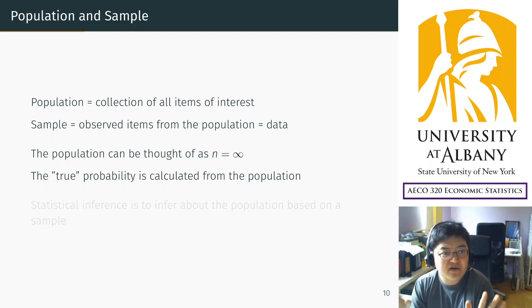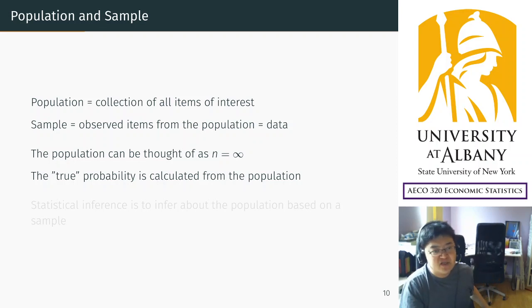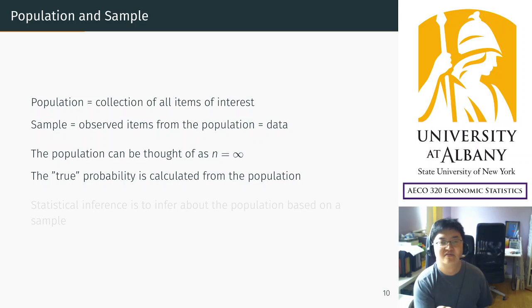That's the starting point of statistics. If the population is known, or if you can do the experiment an infinite number of times, you don't need statistics. Then it is just about computation, how to compute the probability or average.